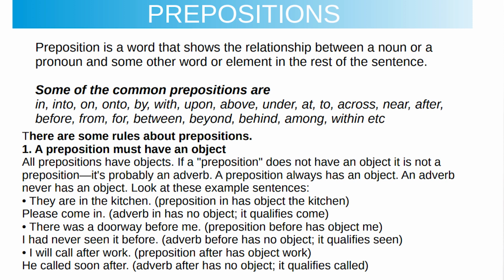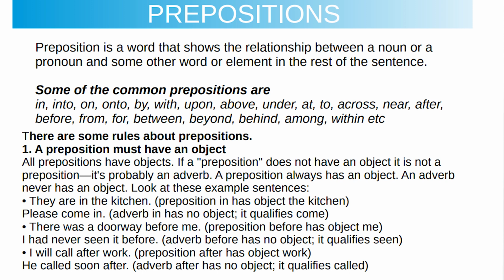Now there are certain rules regarding the use of prepositions. The first one is that a preposition must have an object. All prepositions have objects. If a preposition does not have an object, it is not a preposition. It is probably an adverb. A preposition always has an object.